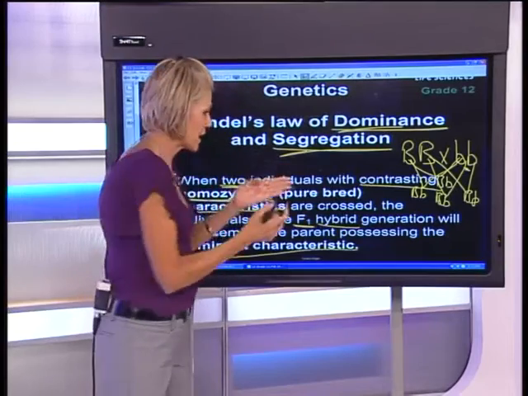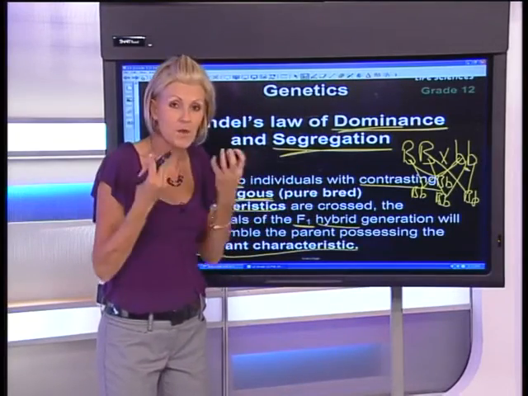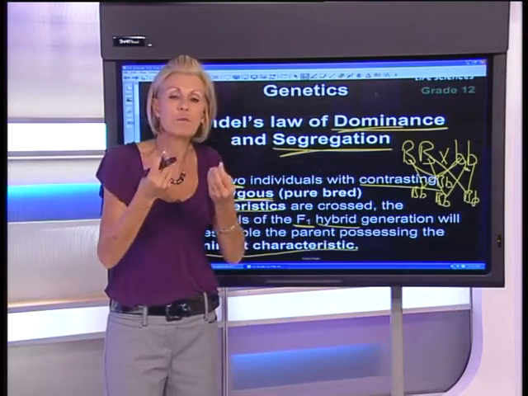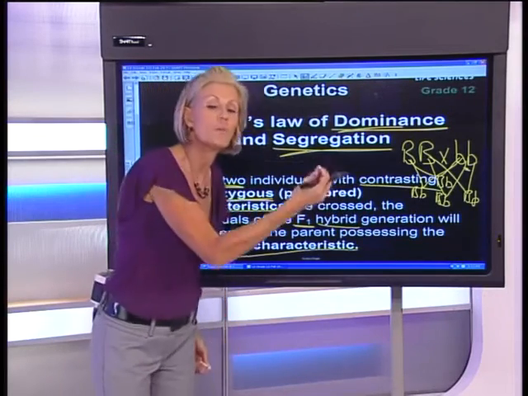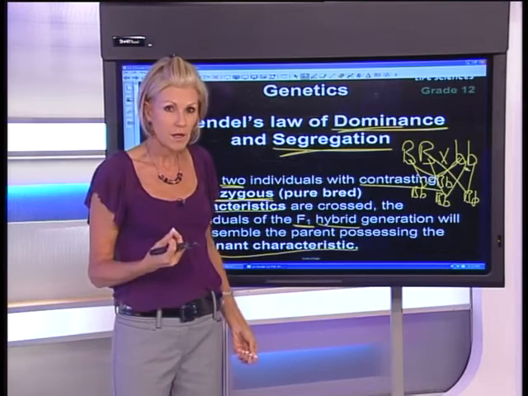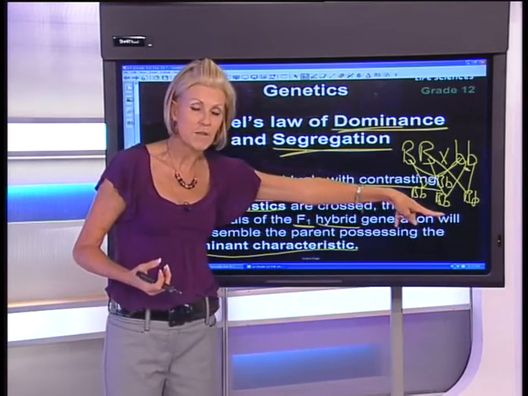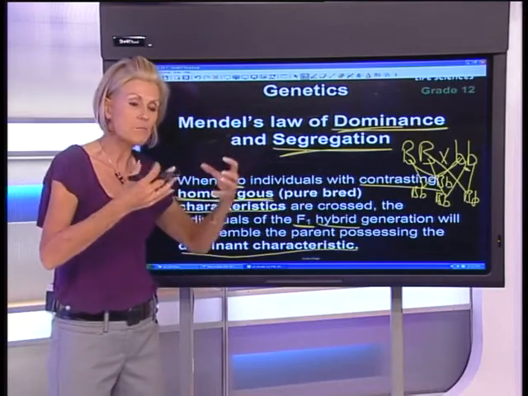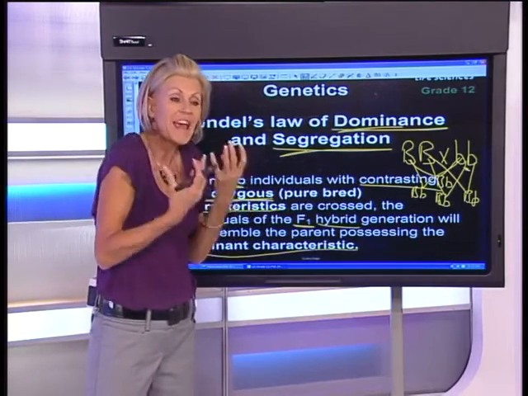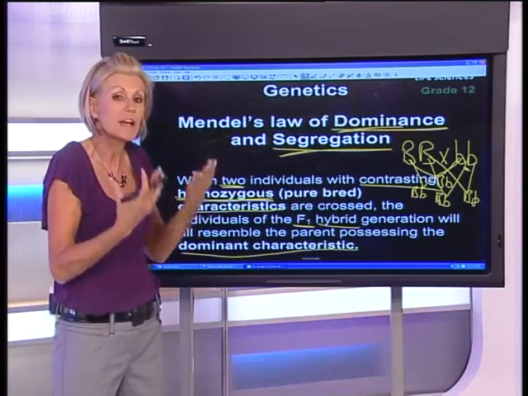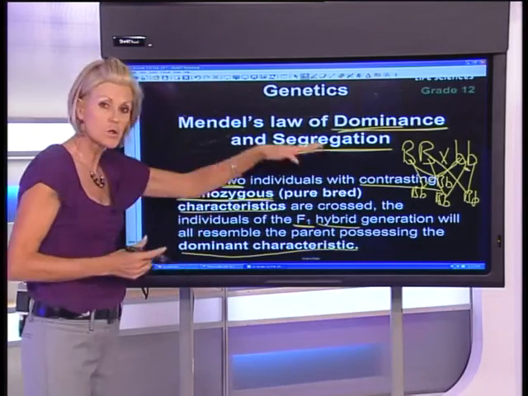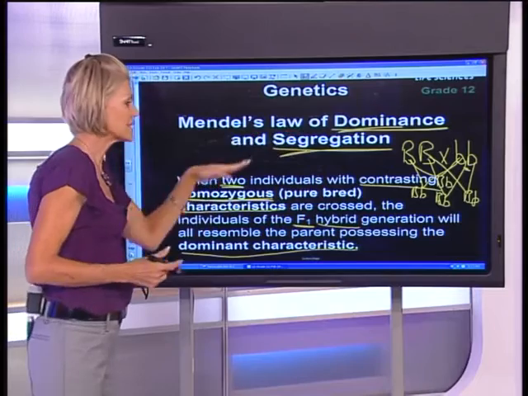So I'm going to end up with 100% of the offspring resembling the parent with the dominant gene. Okay, but they're all carrying a recessive gene there, but they are going to resemble the parent with the dominant allele pair, the homozygous dominant parent. That's Mendel's law of dominance and segregation.